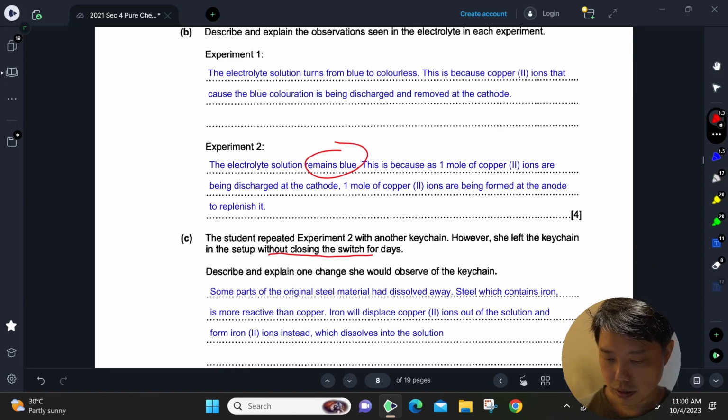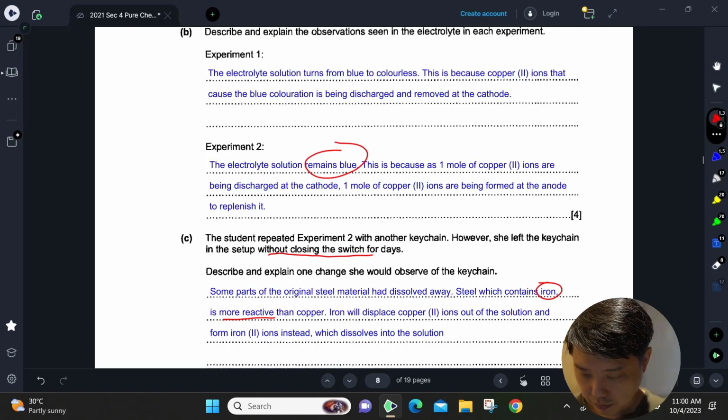Okay, so the steel material, right, in the keychain will dissolve away because it is iron, right? Iron is more reactive than your copper. So iron will dissolve the copper out of the solution. Okay, so the copper 2 plus will be displaced out of the solution to become copper metal, and then iron will dissolve in the solution as iron 2 plus.